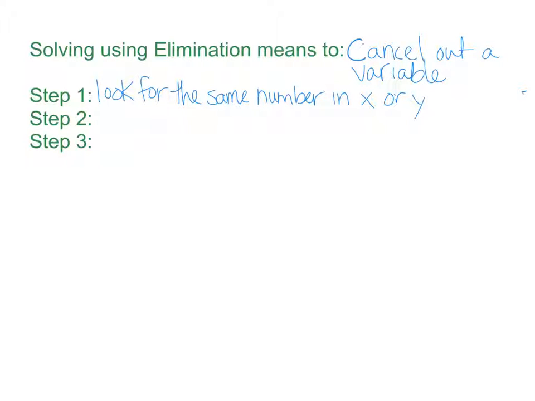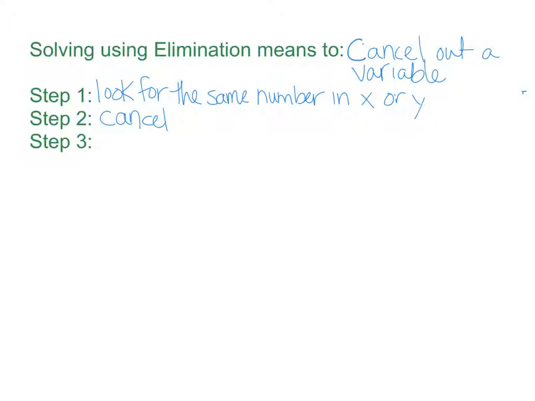When I say I'm looking for the same number, it means that both of the x's are 2's, or both of the x's are 7's, or both of the y's are -9's. We're going to have matching numbers today. And you have to be able to tell, oh, the y's are the same. They're both 3's.